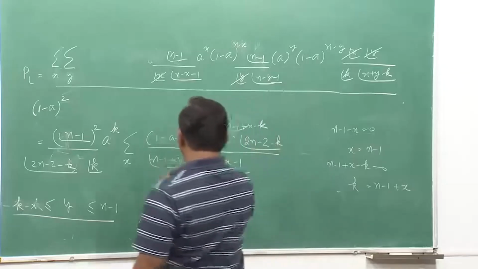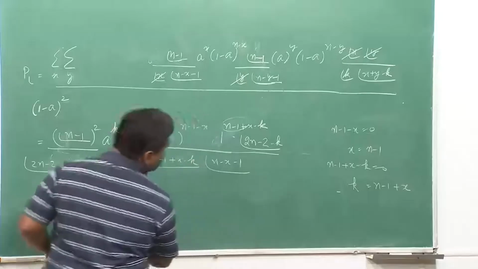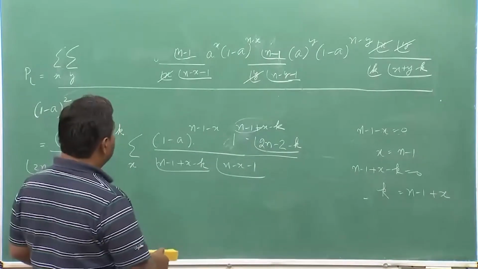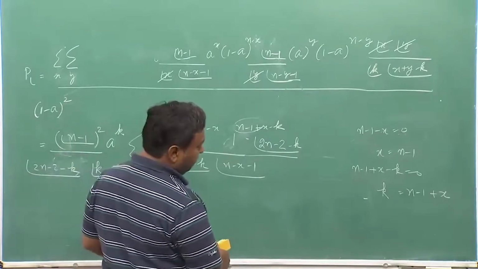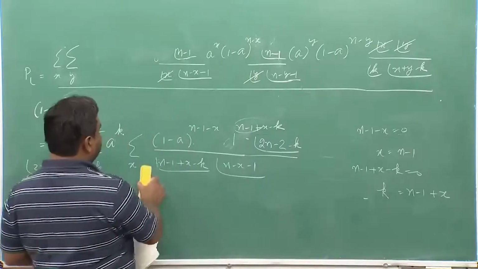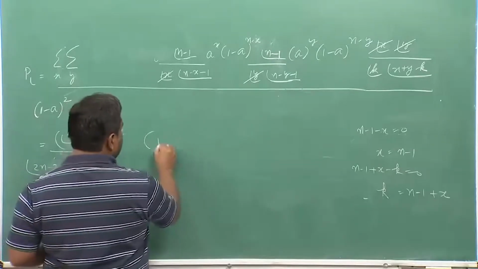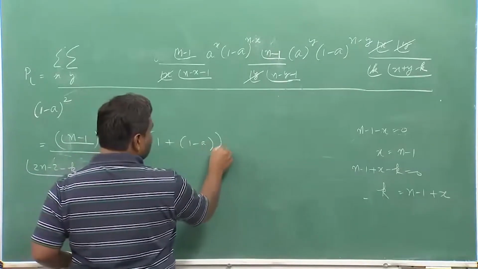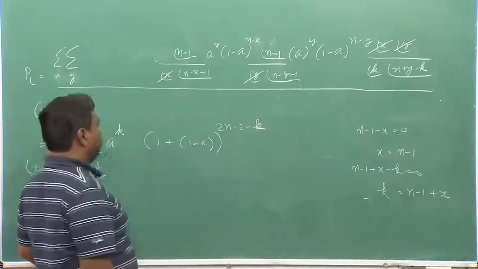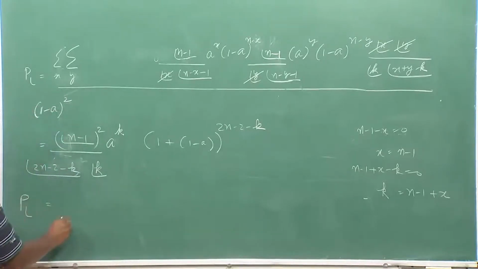So, this also becomes a full binomial. I can replace it by one plus 1 minus a 2n minus 2 minus k. So, which gives me the expression for P of call loss.